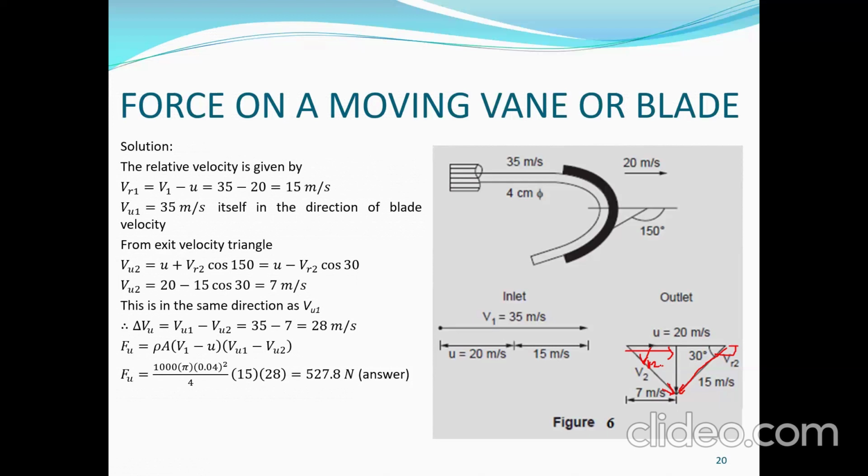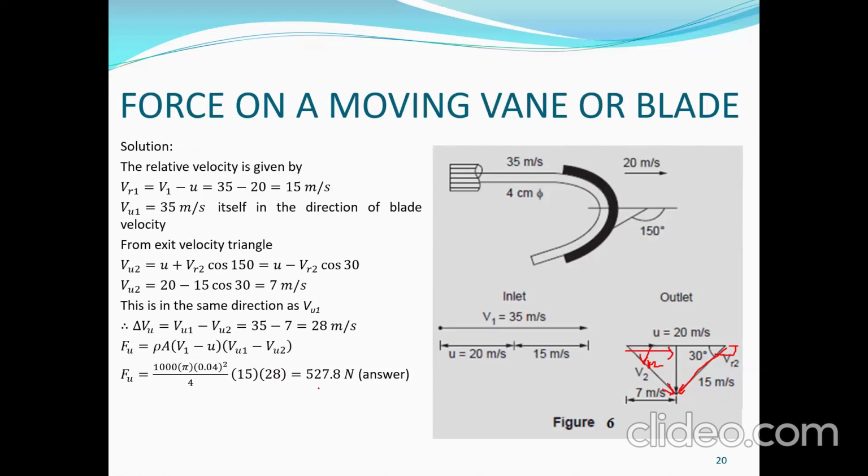So FU is equal to rho A times V1 minus U times V sub U1 minus V sub U2 is equal to, so the density is always 1,000 kasi wala tayong given temperature. So, 1,000 times pi times 0.04 squared over 4 times 15 times 28. So, 15, ito na yun sa taas. And 28, ito na yan. So, this is 527.8 Newton.